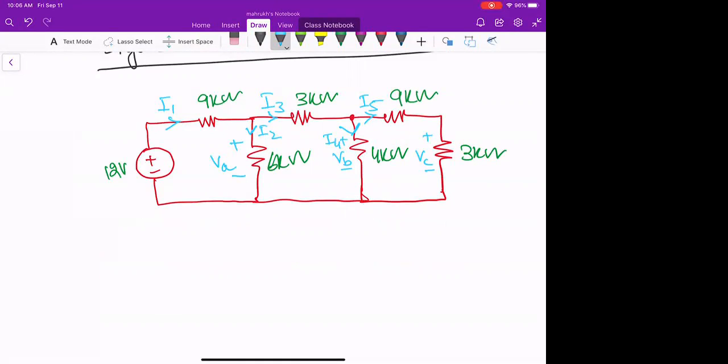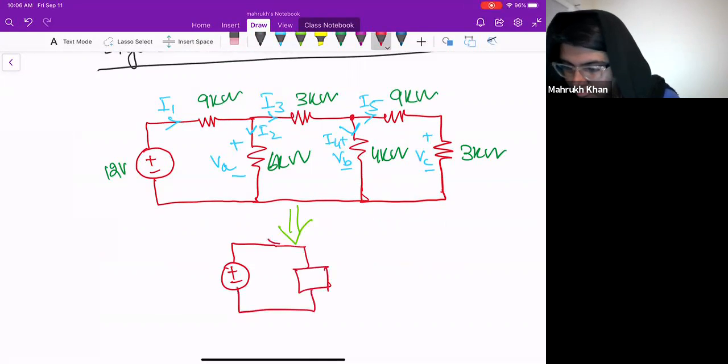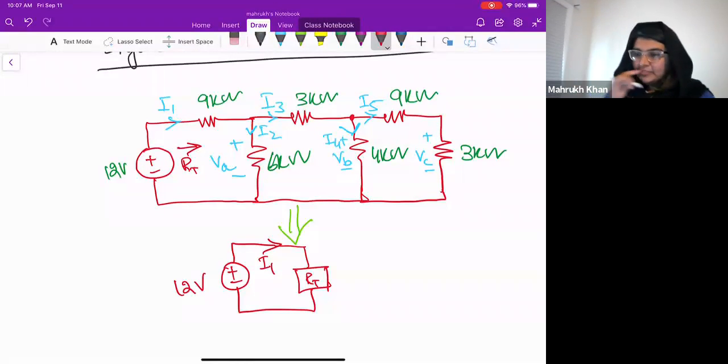So my goal is to find I1 after finding this RT, the resistance that I can see here. Let's try to see that.